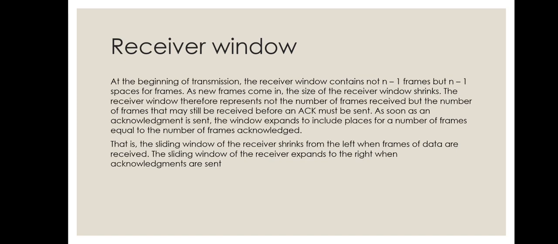The receiver window therefore represents not the number of frames received, but the number of frames that may still be received before an acknowledgement must be sent. So it represents how much space is there for more frames to be received, so that it can send the acknowledgement.